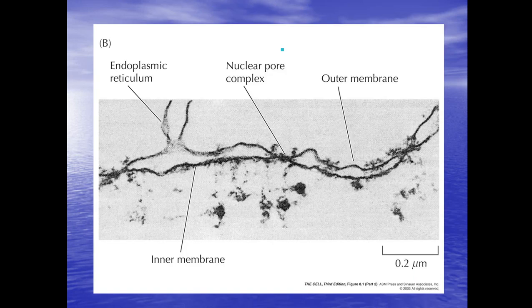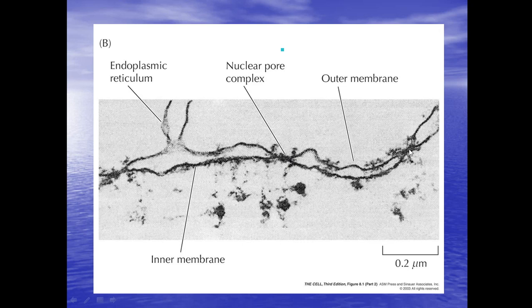See, this is the nuclear membrane that has been observed under the electron microscope. This is the endoplasmic reticulum. I have told you the outer membrane is continuous with the endoplasmic reticulum. This is what is known as perinuclear space, the space between the outer membrane as well as the inner membrane. So here, these are the nuclear pore complexes, where there are openings.